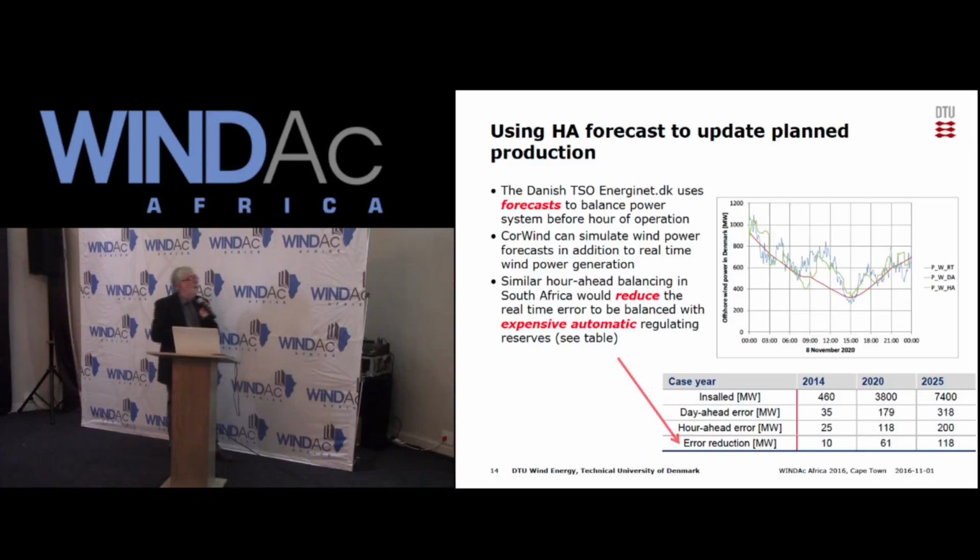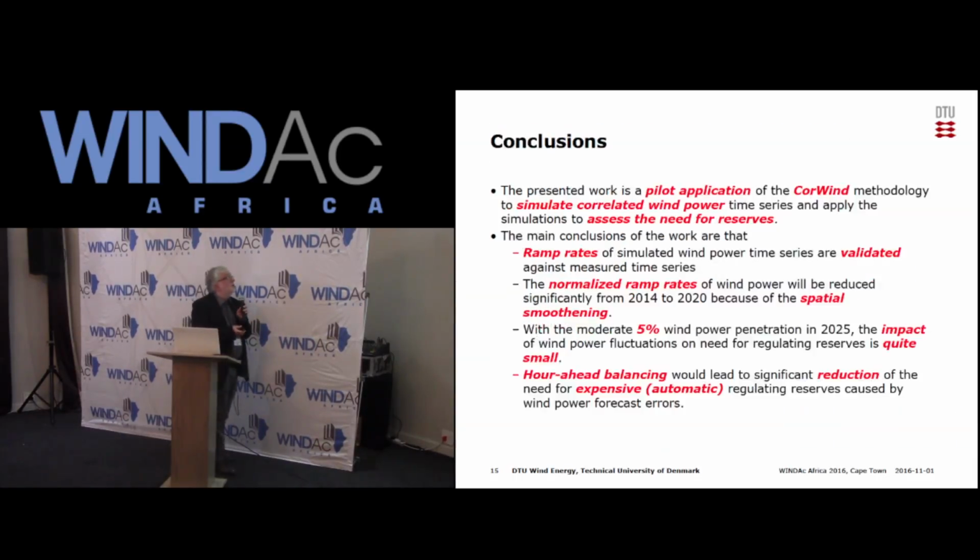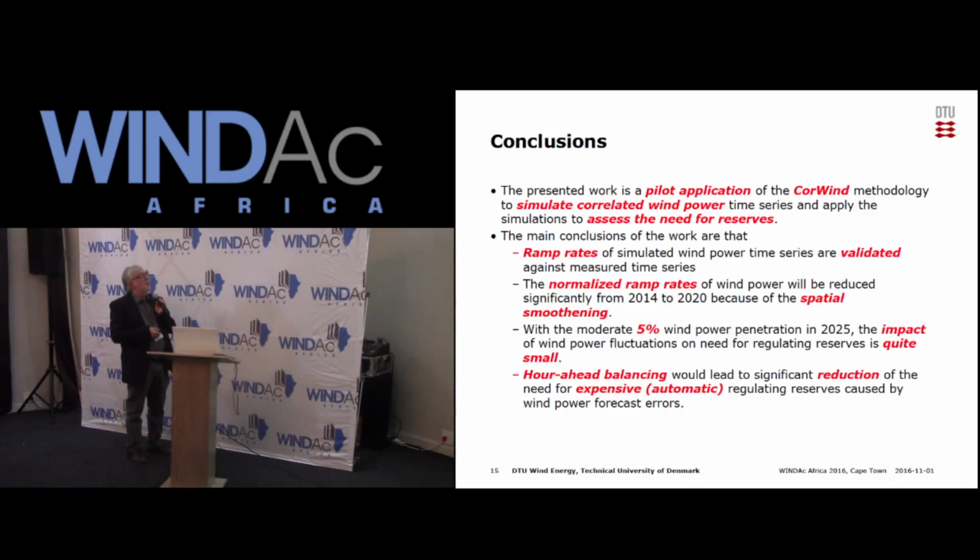So what are the conclusions? We consider this work here in the South African system as a pilot application of the Core Wind methodology, not only to simulate the correlated wind power, but also to assess needs for reserves in the system.